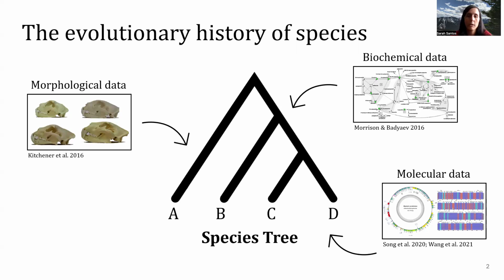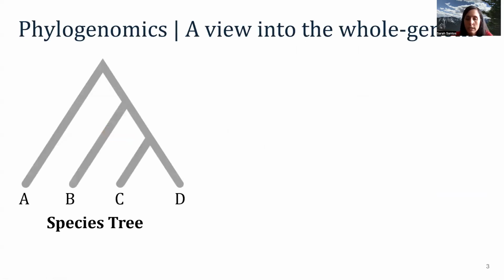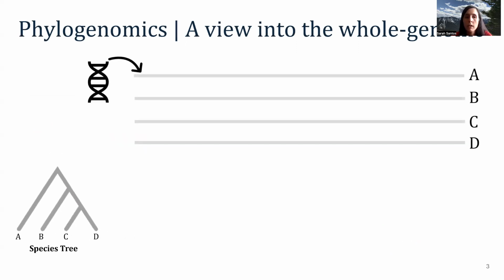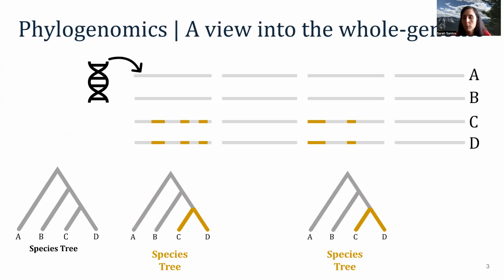And so when we look into the complete DNA, the whole genome, what we see first is, if we analyze the complete version, typically the majority of the genome will represent the species tree, but more specifically, we have to analyze smaller pieces. And typically when we analyze smaller pieces, we have the species tree there in multiple places.